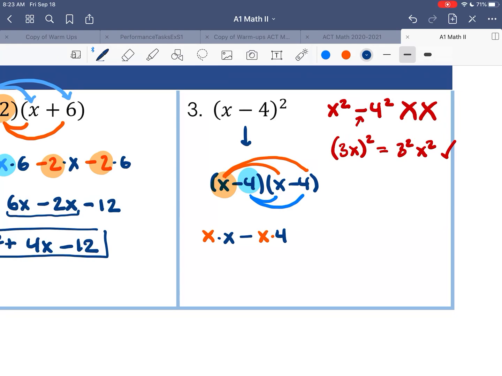The reason we have a minus is because it's negative 4, so really we're doing x times negative 4 here. Then we have the other distribution. We have a negative 4 times x. And then the last bit here is negative 4 times negative 4.